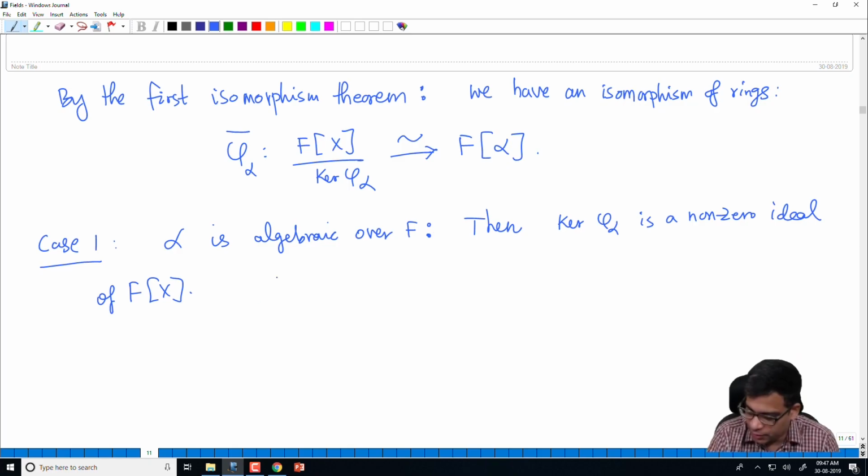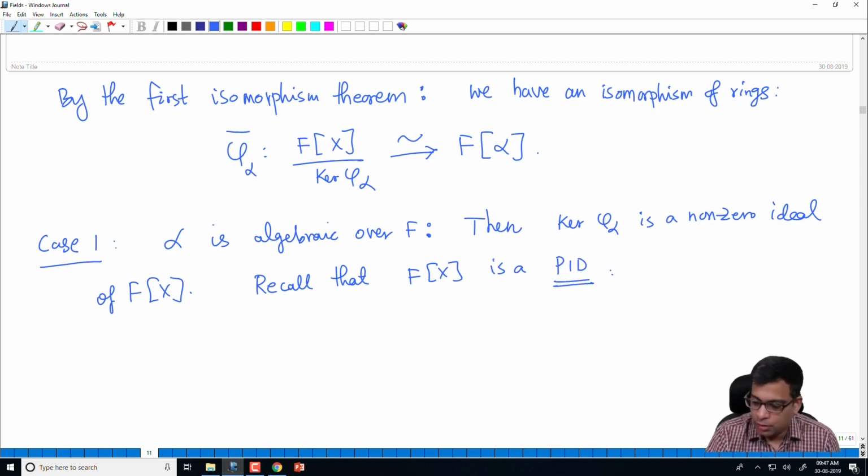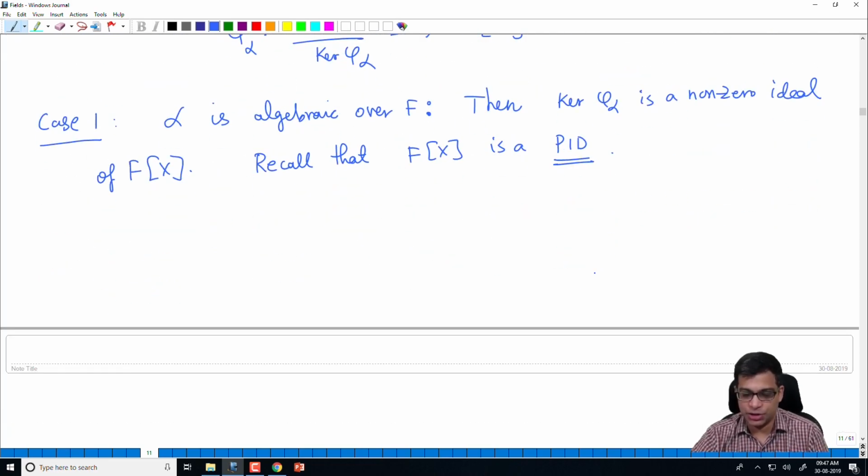Now note that, recall that F[x] is actually a PID. What does that mean? That means every ideal in F[x] is a principal ideal, because you can use Euclidean division with the degree as a size function and conclude that every ideal is generated by a single polynomial.